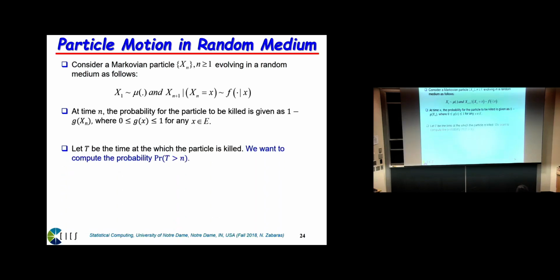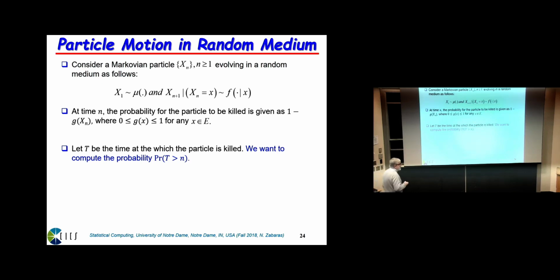Okay, so here is the problem we want to do. Let's take a time capital T, which is the time at which the particle is killed, and we want to compute the probability that capital T is greater than n. All right? So again, T is the time that the particle is killed. We want the probability of capital T being greater than n.